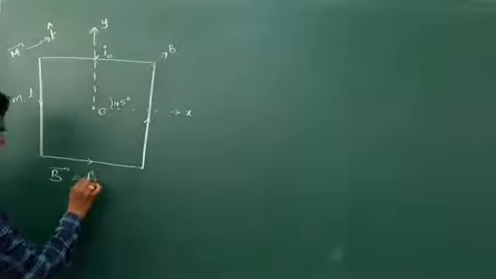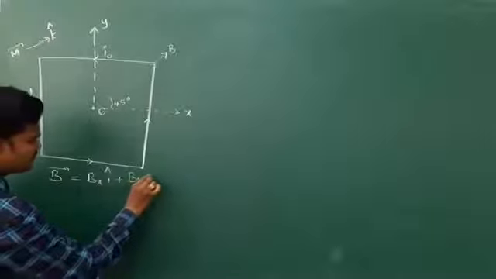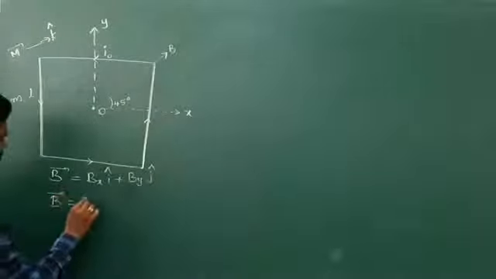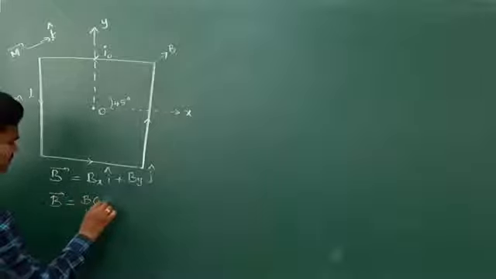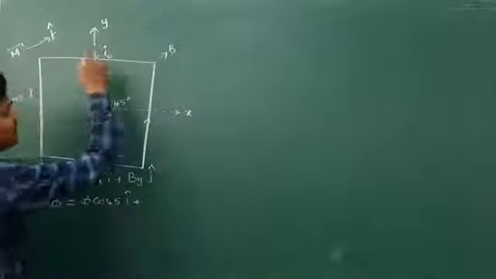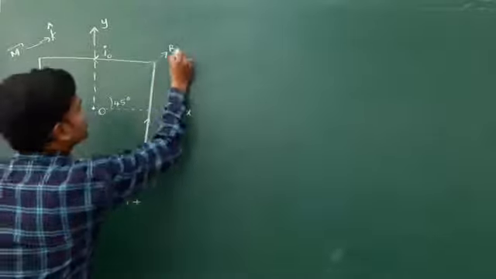So let me write it. Bx i cap, By j cap, and this can be written as Bx nothing but B cos theta, cos 45 i cap, By nothing but vertical component. Resolve this B into two components. Okay, so let us suppose this is B0.